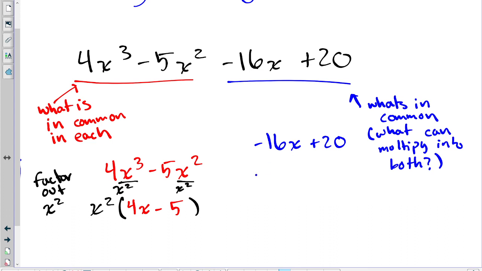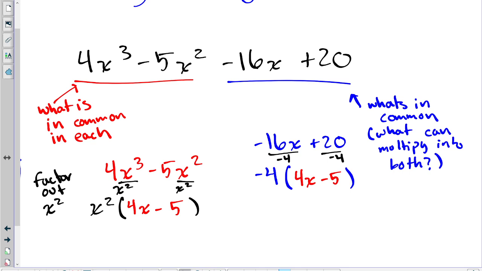And so what I'm going to do is factor out a negative 4. And what I'm left with is whatever is here divided by negative 4. So I'm going to divide this by negative 4 and divide this by negative 4 because I'm factoring it out, right? I'm sort of inverse multiplying, which is just dividing. And so negative 16x divided by negative 4 leaves me with 4x. And then 20 divided by negative 4 is minus 5.